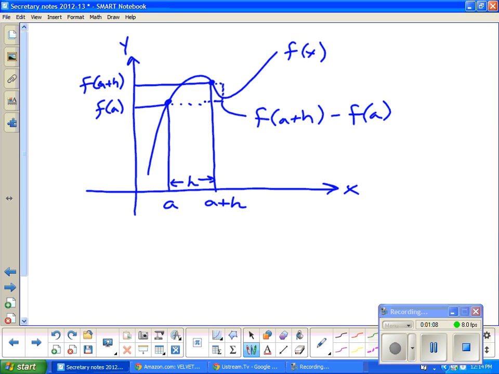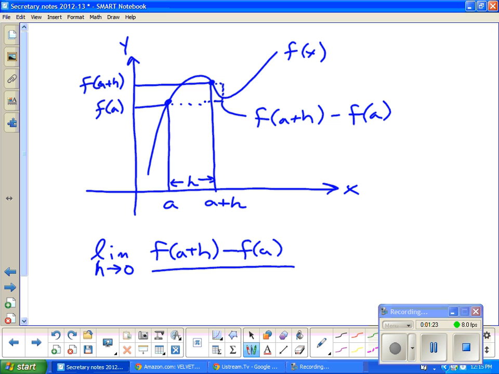If I want it to be a tangent line, what has to happen to h? I have to take h to 0, and that needs a limit. And it's still rise over run. And a plus h minus a, remember from before, it just becomes h. And this is the slope of the tangent line.